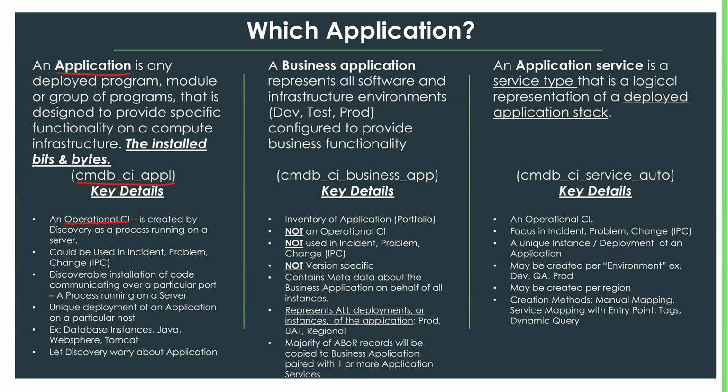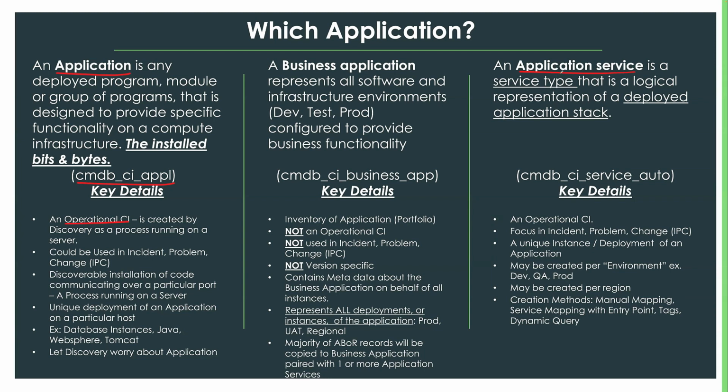Next, I'm going to skip over the middle. I'm going to go to application service. Application service is a deployment of things working together, infrastructure working together to be a single instance or deployment of an enterprise system. An application service could also be a child of a parent application service. So there might be a particular stack for, say, an API. There are modeling techniques that we can talk about in an advanced course on this.